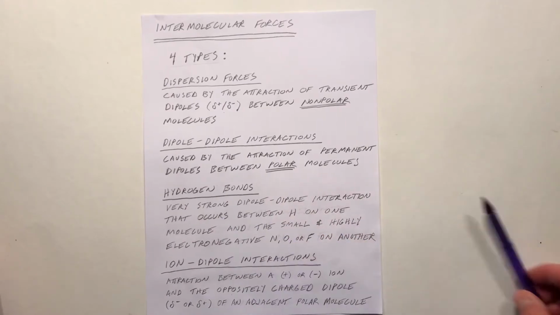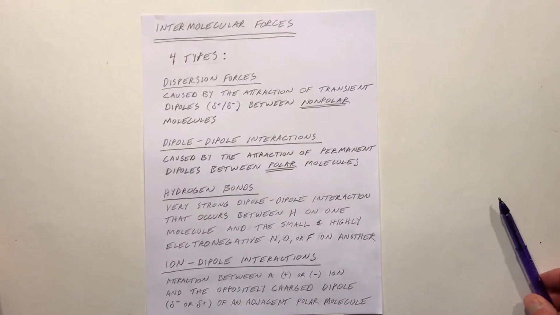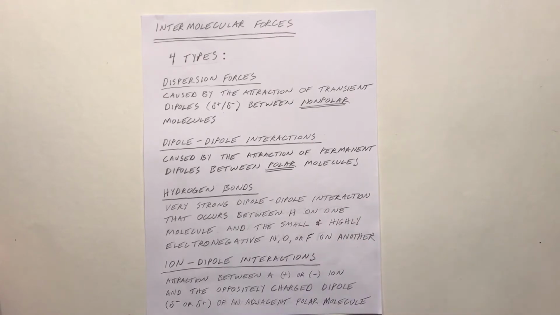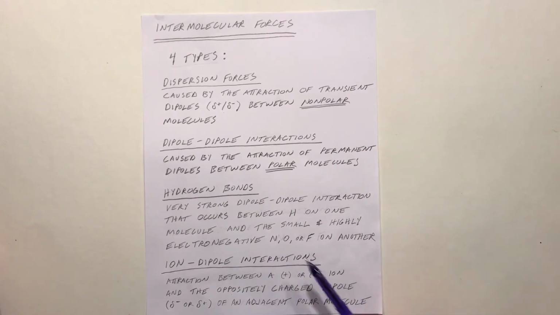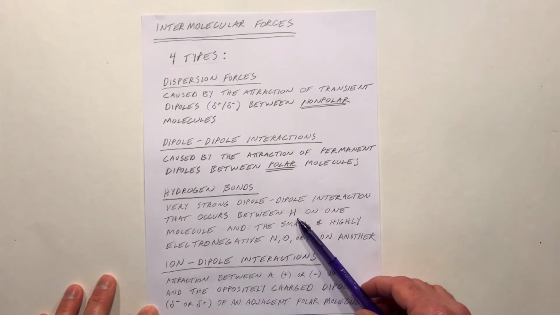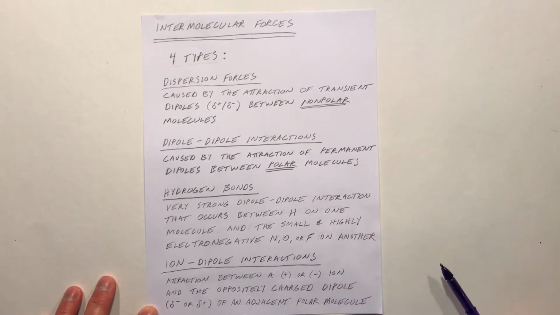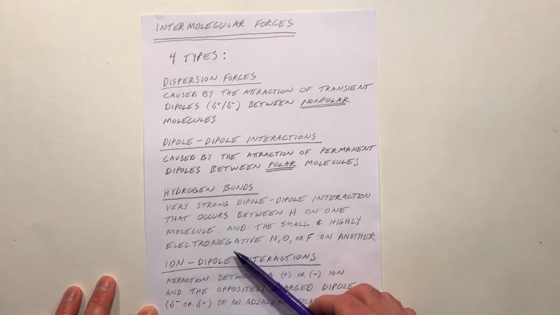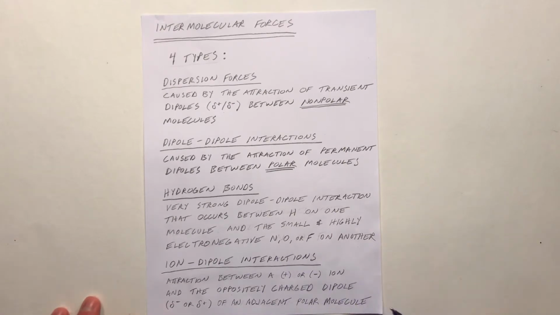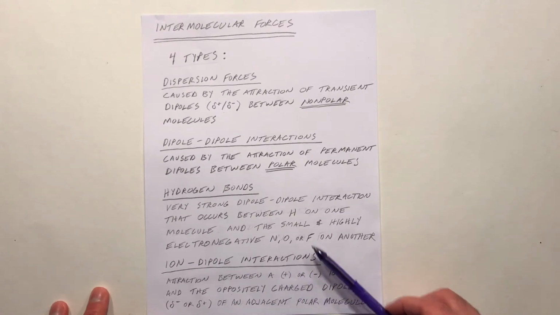Hydrogen bonds is another type of intermolecular force we're going to consider. These are very strong dipole-dipole interactions, so strong we put them in a category by themselves. And they occur between the hydrogen, which is going to be a delta plus on one molecule, and the small and highly electronegative nitrogen, oxygen, and fluorine that we would find on another molecule, and these would be the delta minuses.